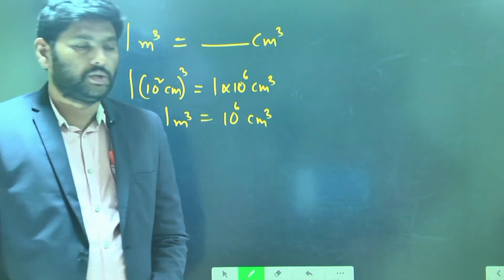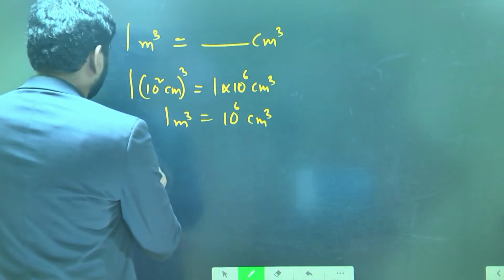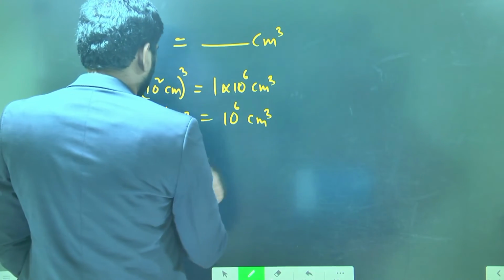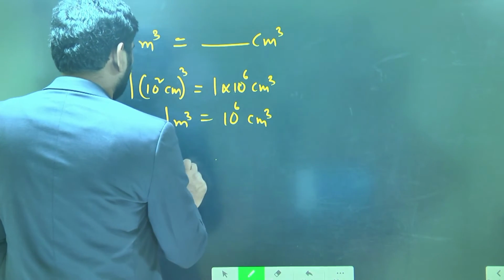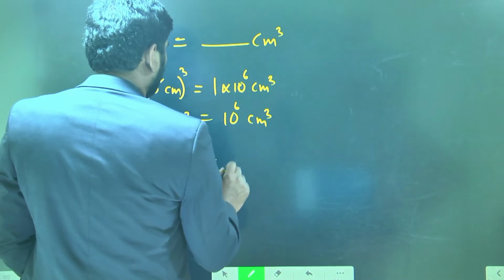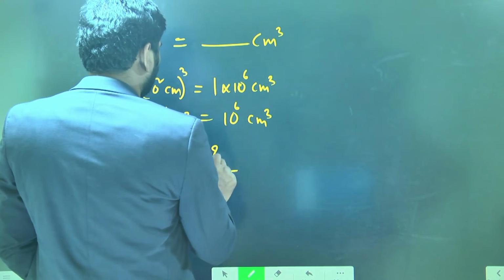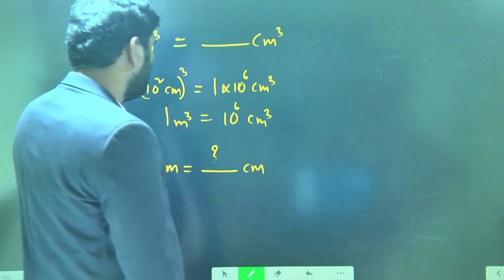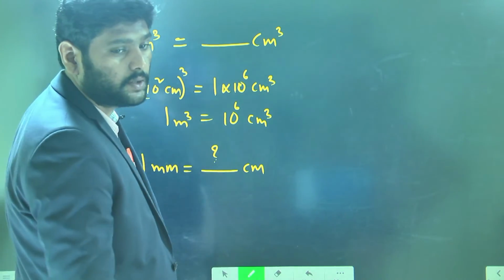One more question. 1 millimeter is equal to how many centimeters?